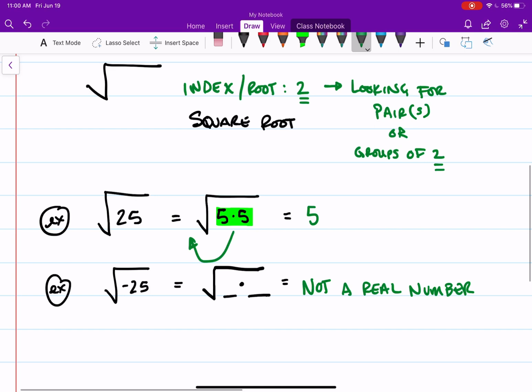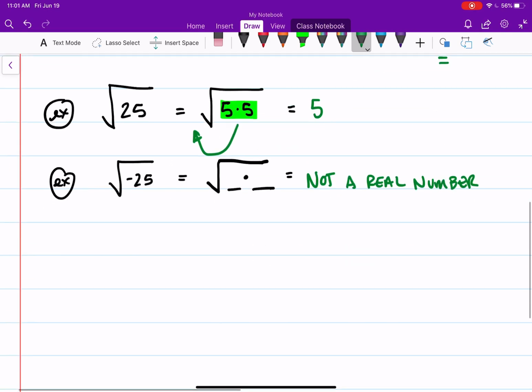Now, eventually, you will figure out what it means by not a real number, because it would take non-real numbers in order to find the square root of negative 25. Now, you could have problems that are in words.